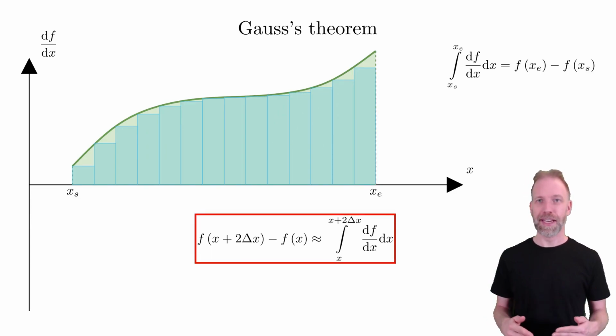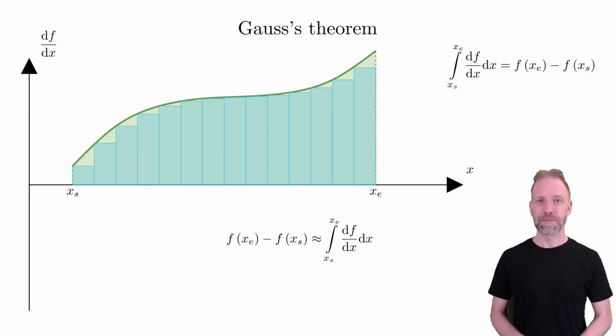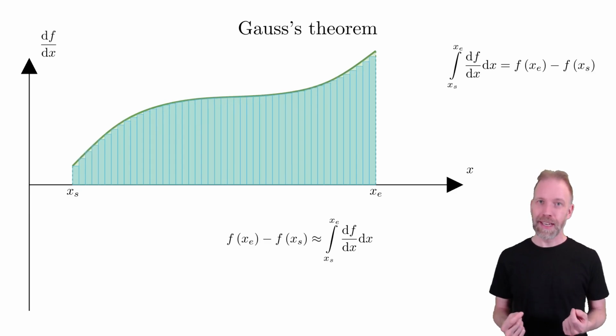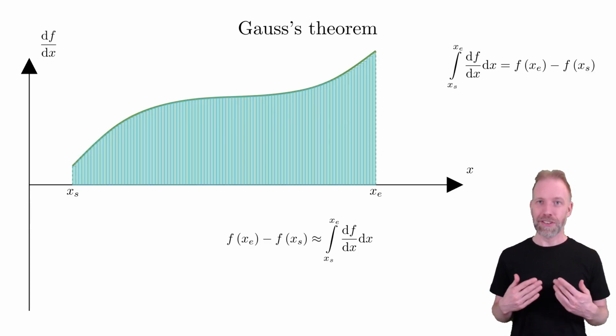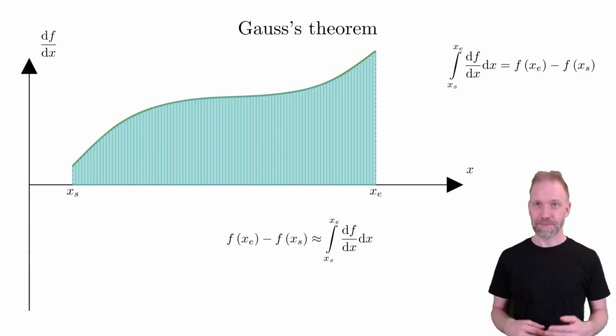This would end up with that f of xe minus f of xs is the integral of df dx from xs to xe. The final step is to let the number of rectangles go to infinity, which will make the area of the rectangles approach the same area as the area under the graph. Hence, we have motivated why the expression for the integral works.